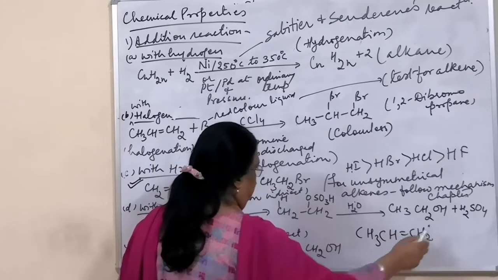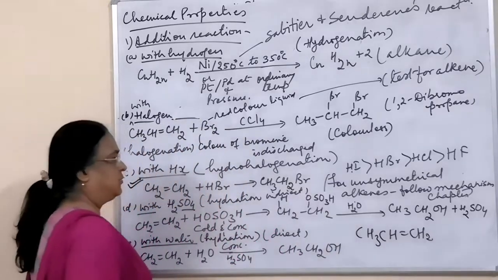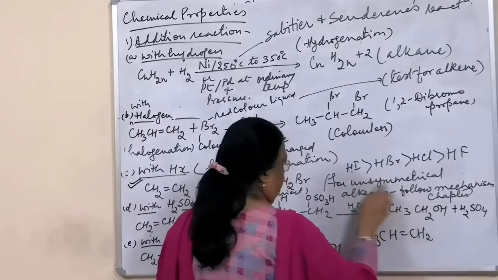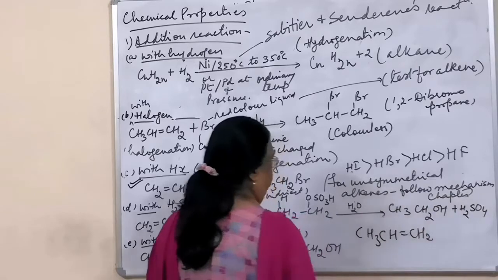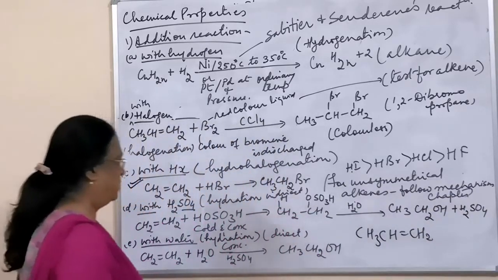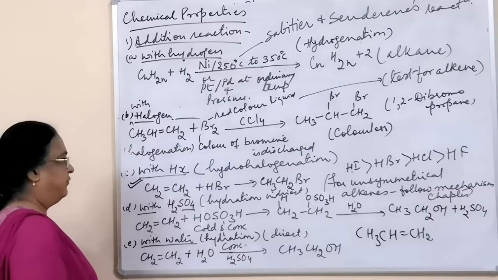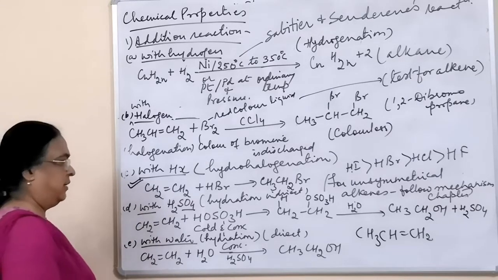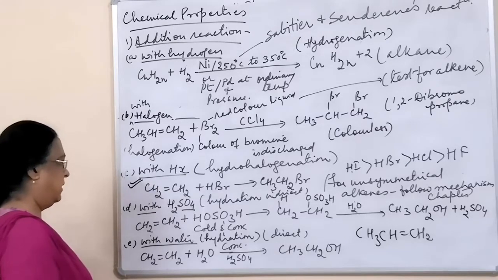You can see the different number of carbon atoms on the other side. We have done this in the mechanism chapter, so I have written down this reaction for unsymmetrical alkene. You can follow it from the mechanism chapter if you have not studied it or have forgotten. Then we have to use Markovnikov's rule in detail. I have taught you that with several examples, so you will revise from there.